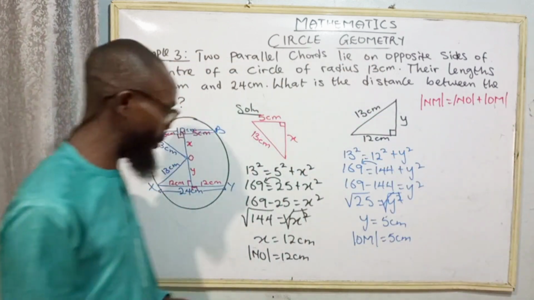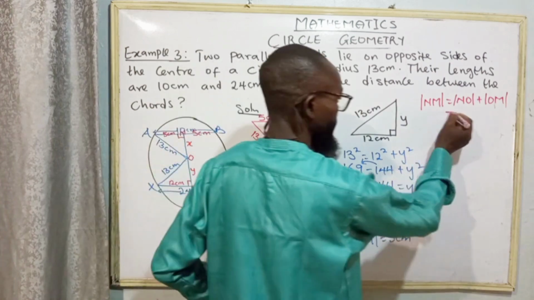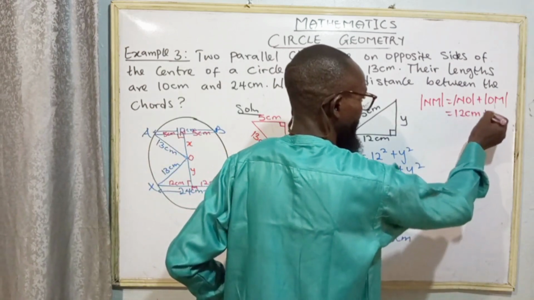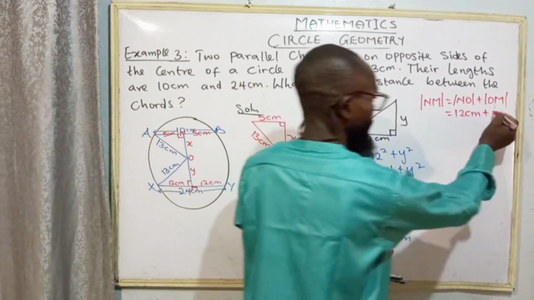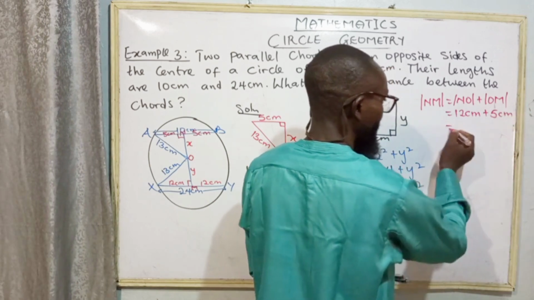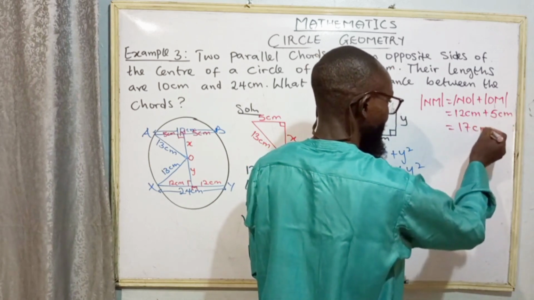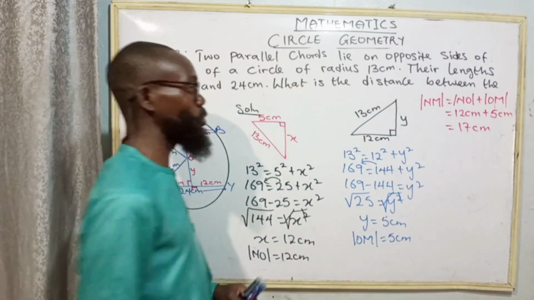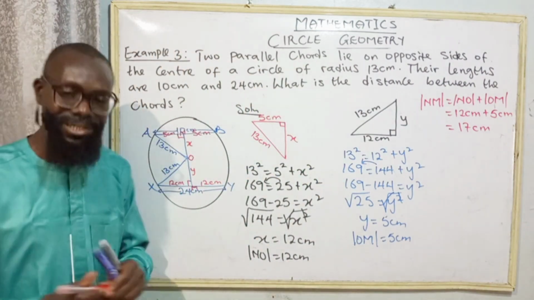So line NO here is 12 centimeter plus line OM 5 centimeter. When you add it up, we have what? 17 centimeter. So the distance between the two chords is 17 centimeter.